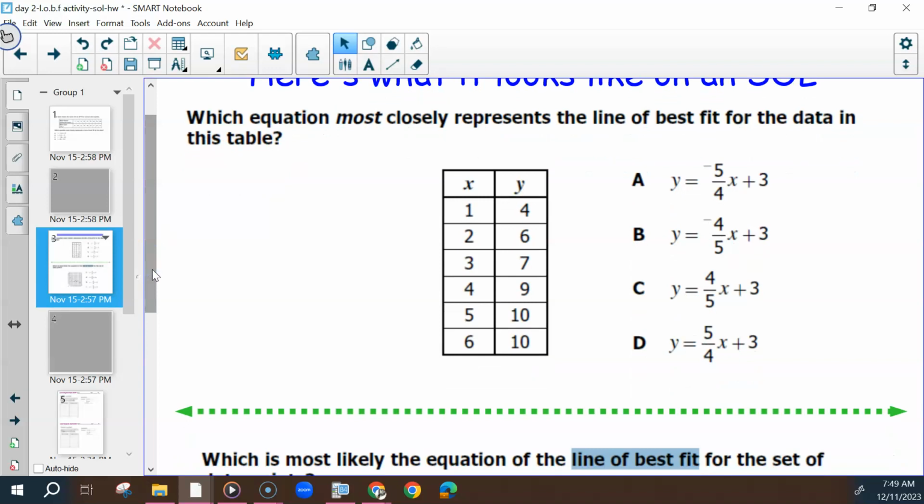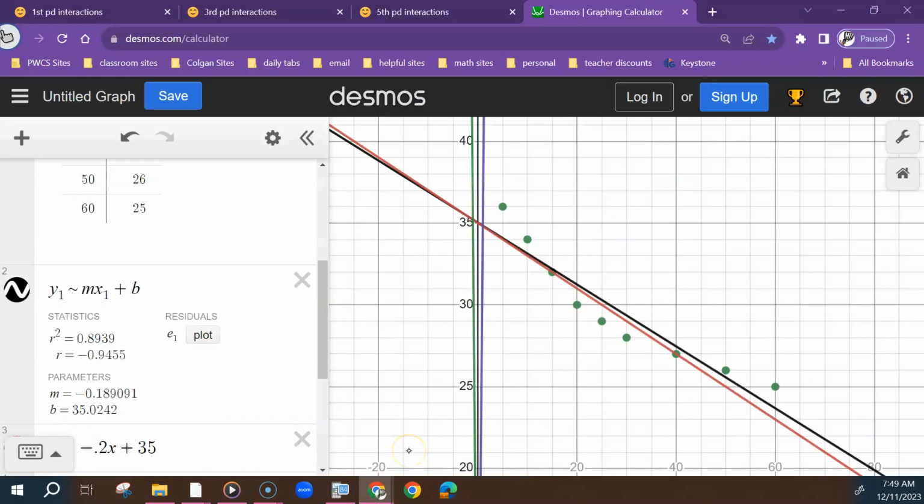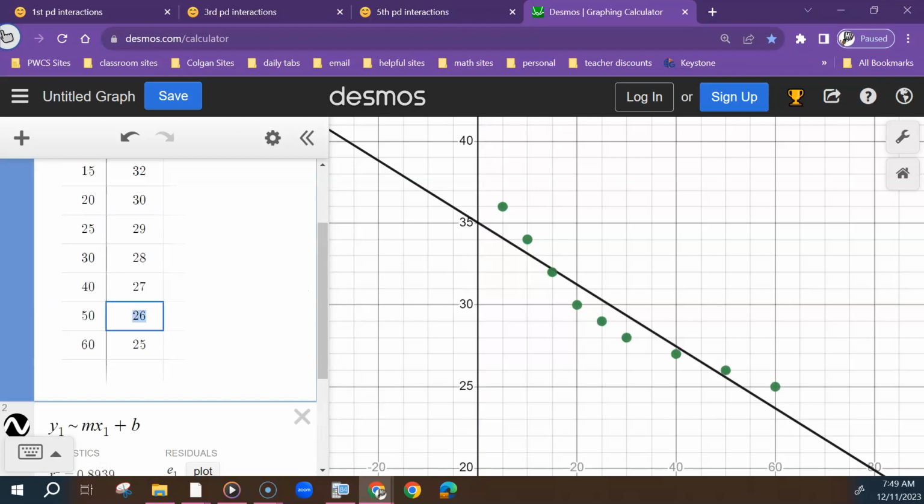Here are some other ones. With the first one, you could do what we just did, put in the table, see which one of these matches. So let's start to do that. Go ahead and put that table into Desmos, or your calculator, whichever one you're using.